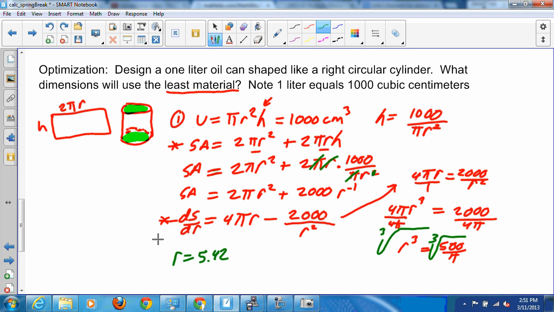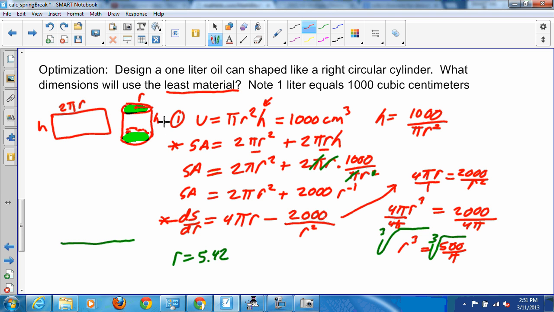Alright. So, let's see. What are our dimensions of our can here? This is our radius, and this is our height.